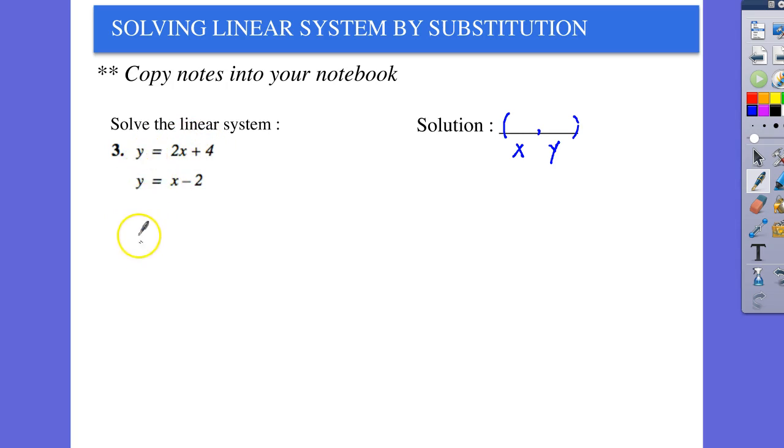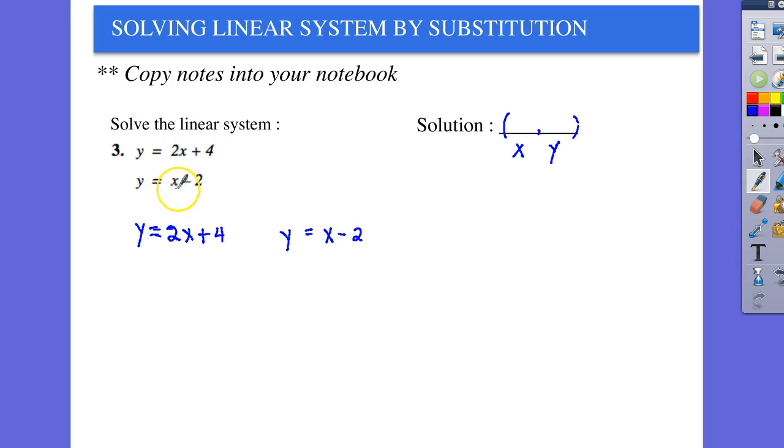Well, if we say that y is equal to 2x plus 4 and y also is equal to x minus 2. According to equation 1, y is equal to 2x plus 4.